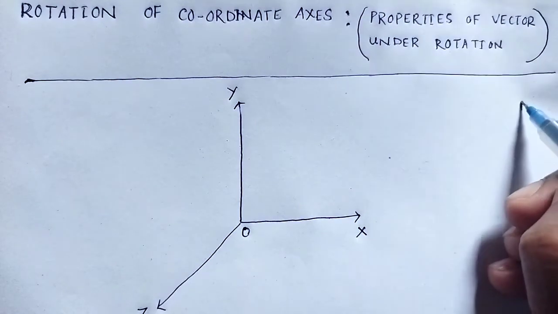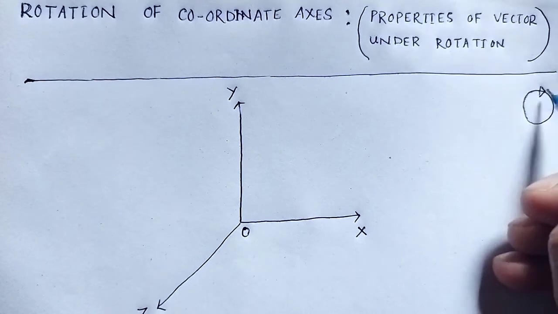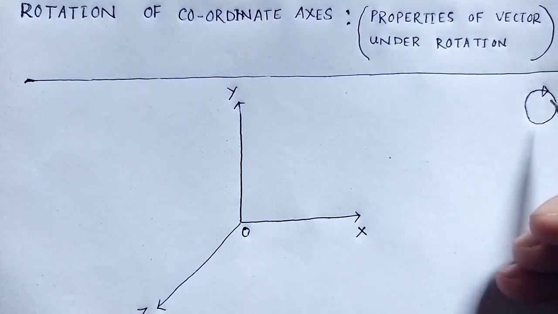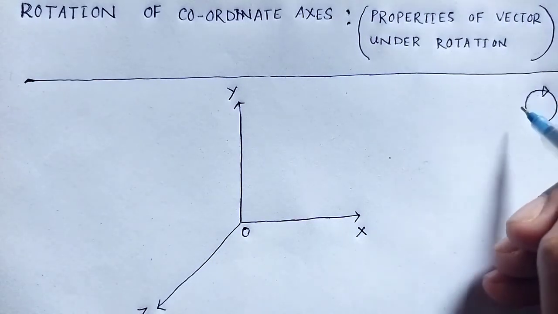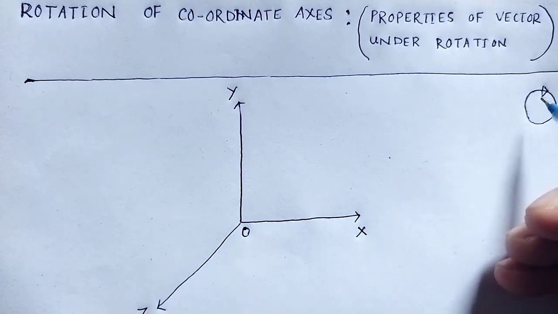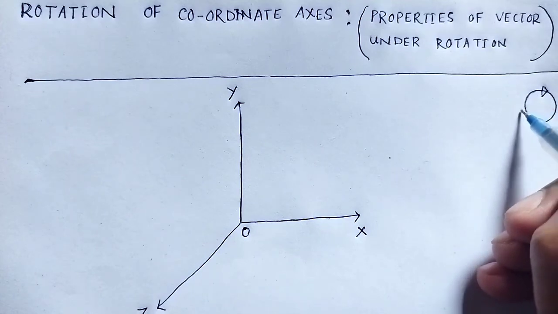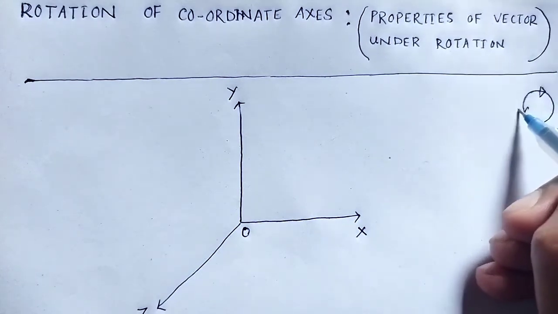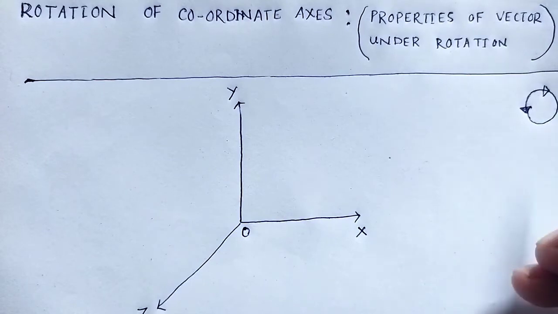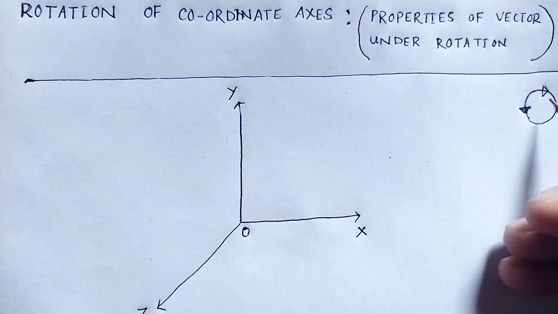Clockwise means the directions like this, and counterclockwise indicates the opposite direction to clockwise, that is, anti-clockwise. This direction indicates anti-clockwise.